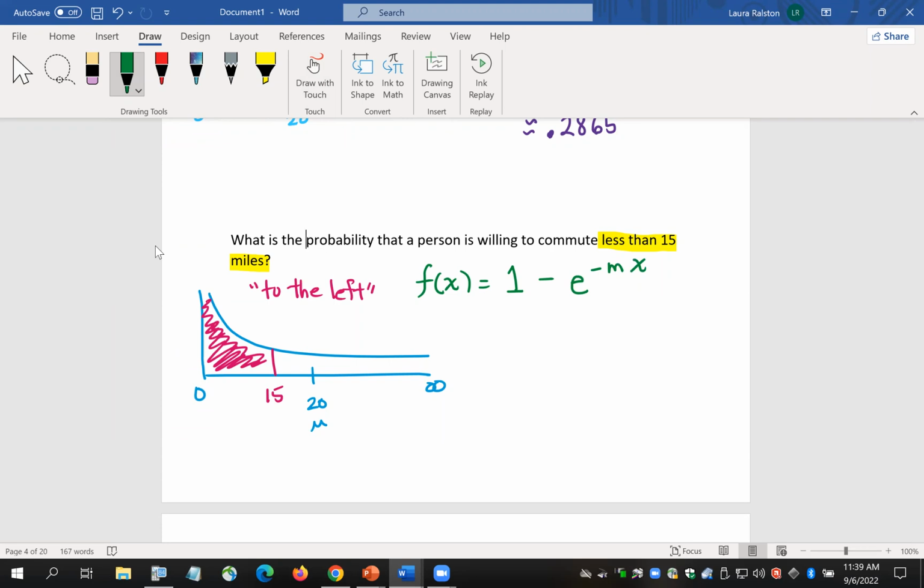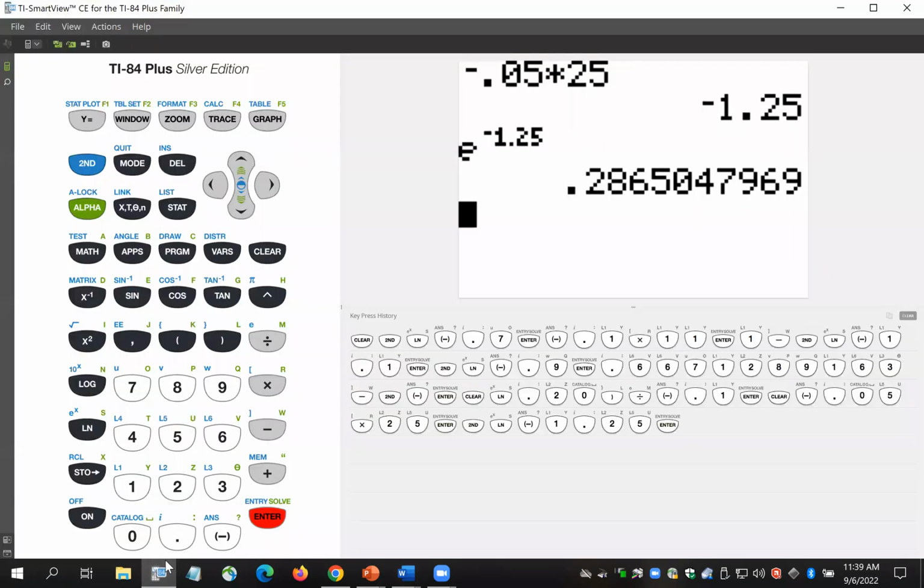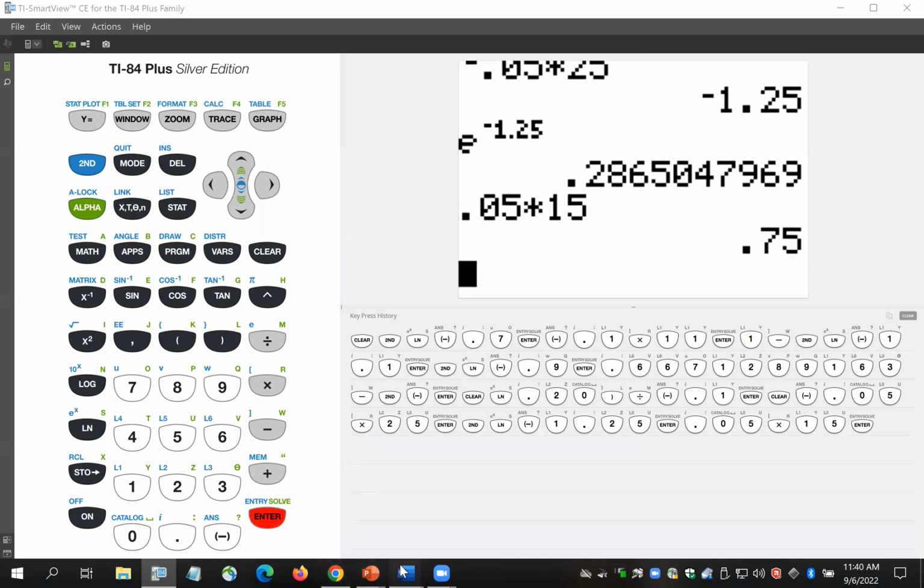We are figuring for 15, so we're going to do f of 15. So we have 1 minus e to the negative 0.05, that's our decay parameter, times 15. Again, I can't do that calculation that quickly in my head. 0.05 times 15 equals 0.75.